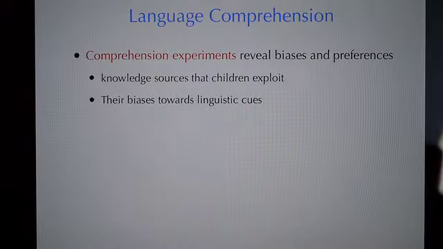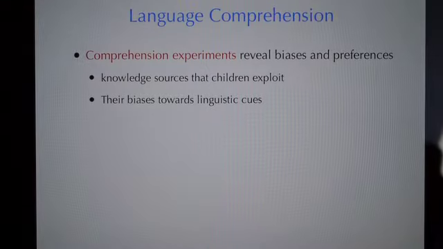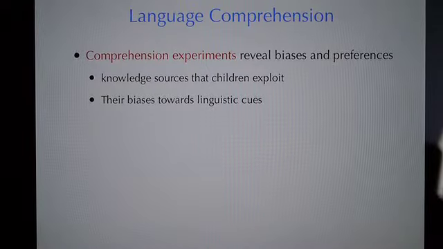So for comprehension, for language understanding, we have to rely on experimental studies of understanding. We have to look at what these experiments reveal in terms of biases and preferences, what kind of information children are sensitive to, and whether our model follows the same pattern.